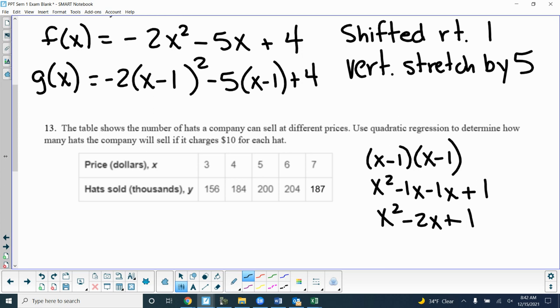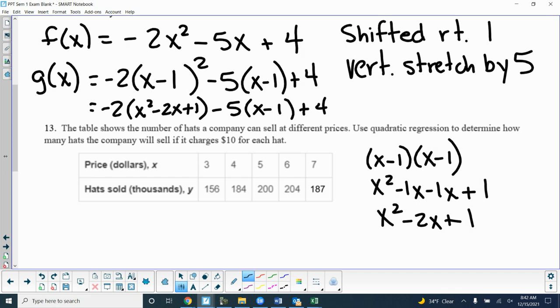So if you don't want to write it out and FOIL like I did here, you can just do that. All right, so now this is -2 times the x squared minus 2x plus 1. And I haven't done anything else yet to this. That's what it looks like now.